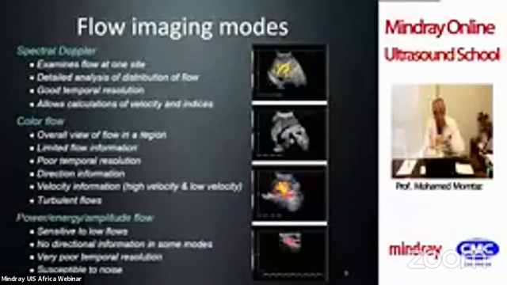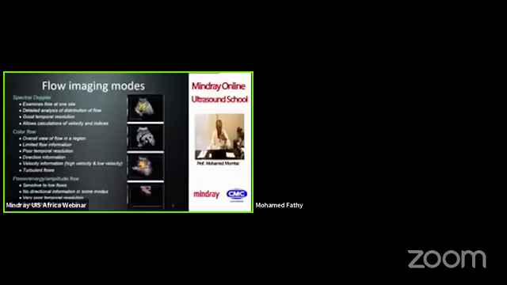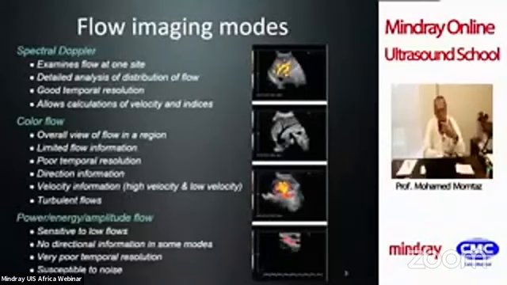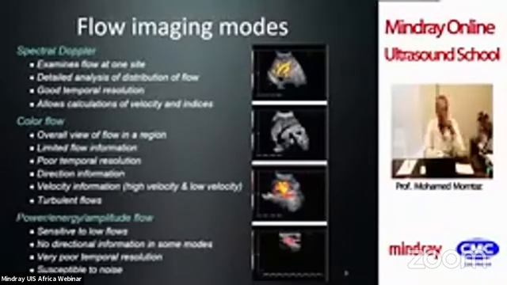Towards the probe is usually blue, but of course it can be changed to green, red or yellow, whatever color spectrum you're using, and away from the probe is the opposite color. So if you're using blue for towards, you will have red for away, and vice versa. You can get velocity information, high or low, without real measurement, just from the intensity of the color.